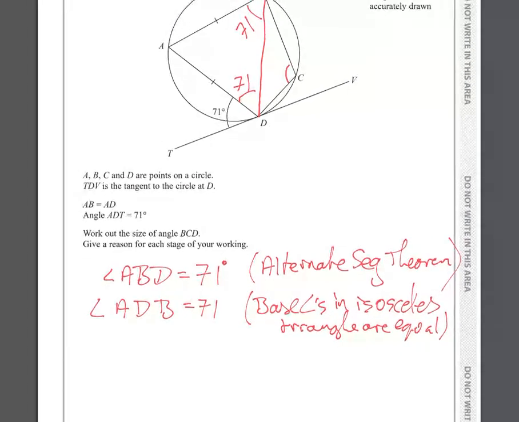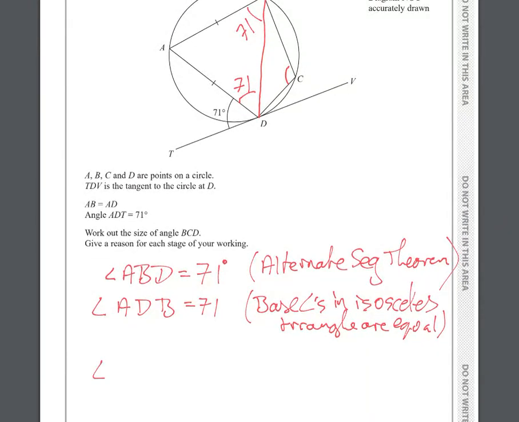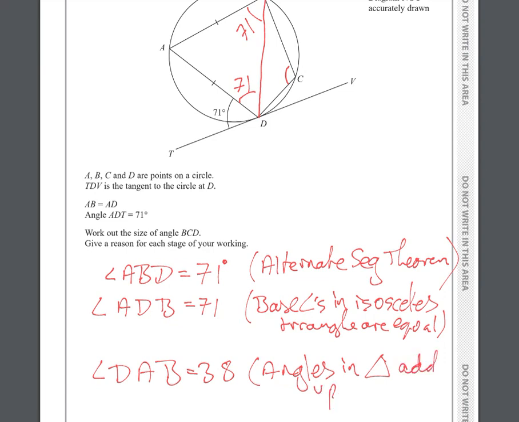Which means the angle at A, so that's DB, 180 minus 71 plus 71, 180 minus 142 is 38, because angles in a triangle add up to 180. And then this is 38. You see how I'm just doing it as I write it in.